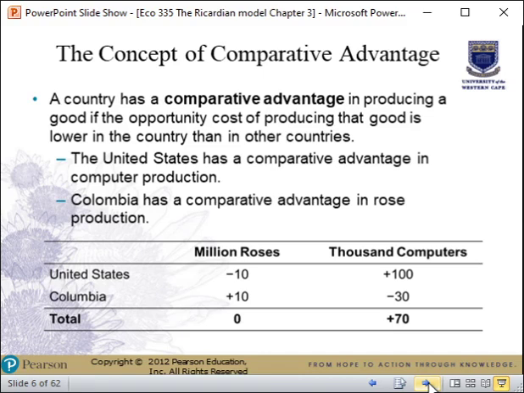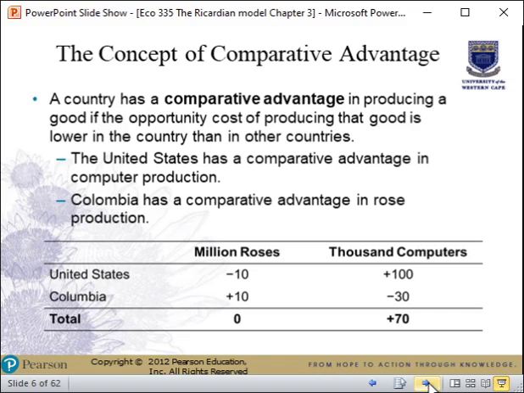The table below outlines the outcome of specialization, which shows that had the United States stopped the production of roses and used its freed resources to produce computers, 100,000 computers would be produced. On the other hand, had Colombia stopped making computers and used the freed resources to produce roses, 10 million roses would be produced.